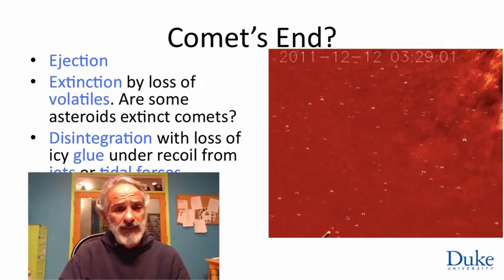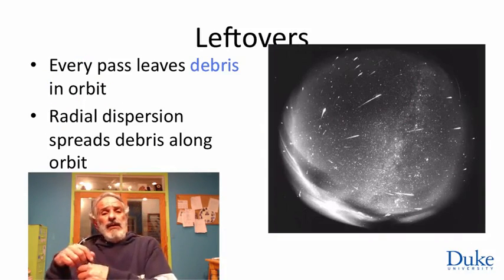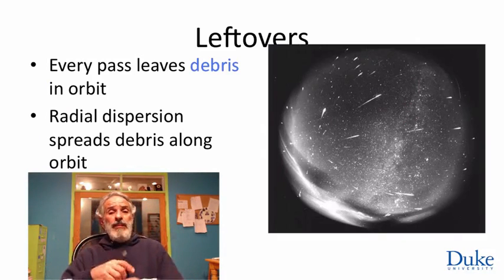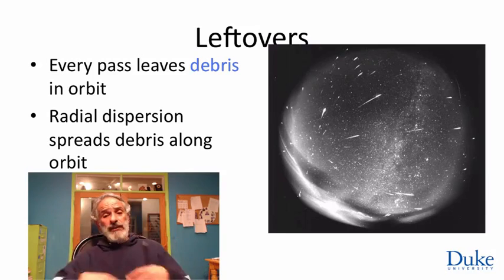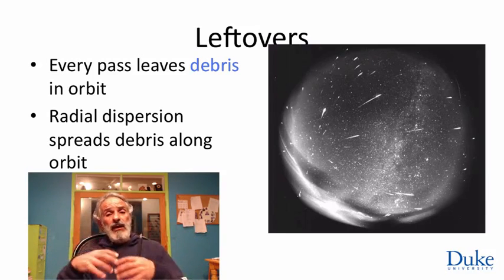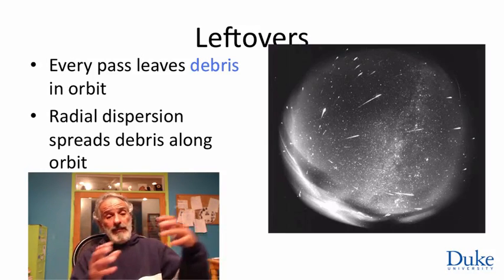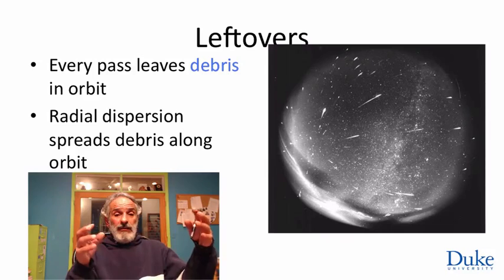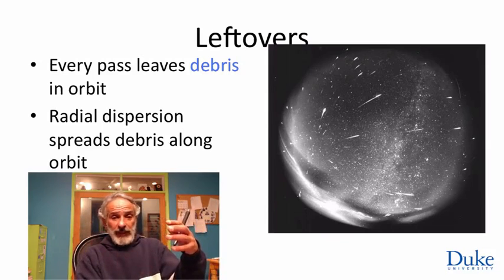So comets don't last forever, but they leave a trace. Every time a comet comes near the sun, a bunch of it evaporates. It leaves behind this dust and gas that it ejected. All of this dust is scattered about the comet's orbit, and as we discussed, what that does is the bits that are too close to the sun in inner orbits get stretched out ahead of the comet.